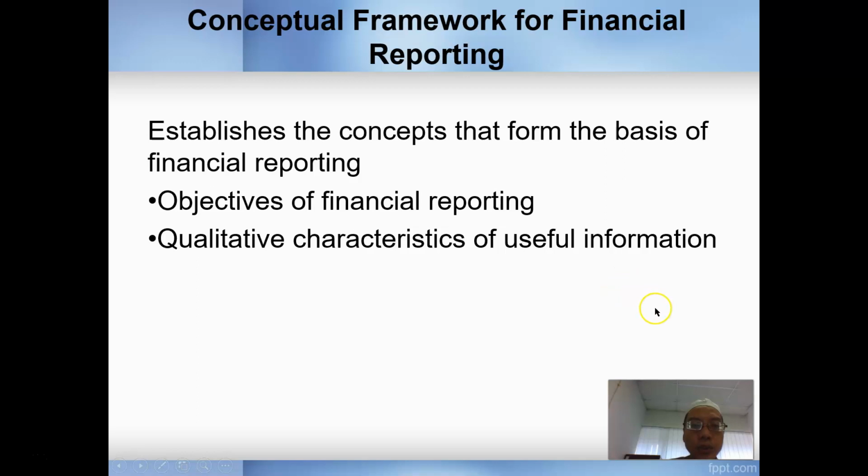It lays down the qualitative characteristics of useful information. So when organizations produce information inside their financial statements, they must make sure that this information satisfies the qualitative characteristics laid out by the conceptual framework.